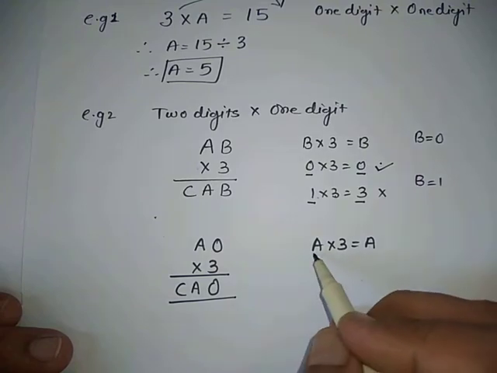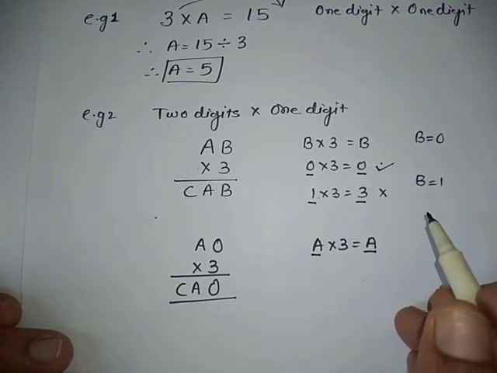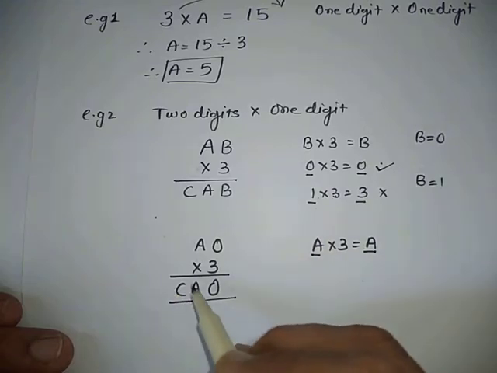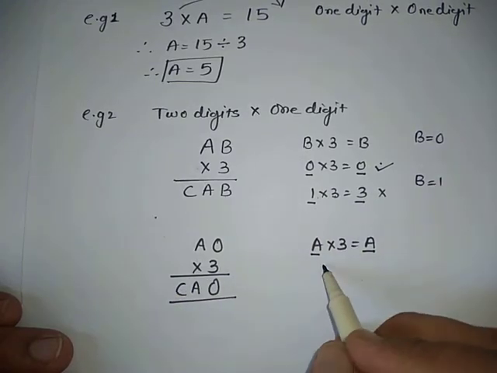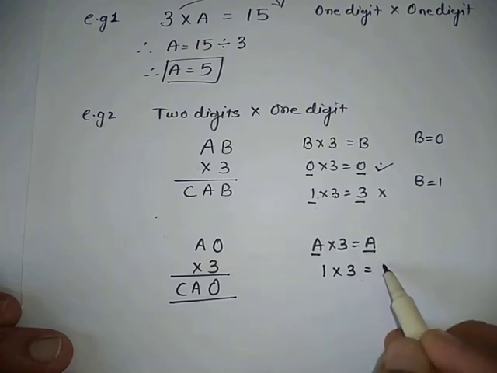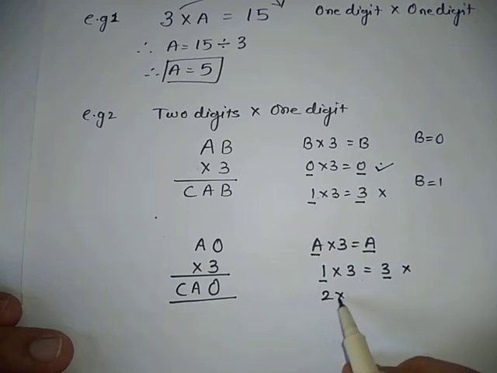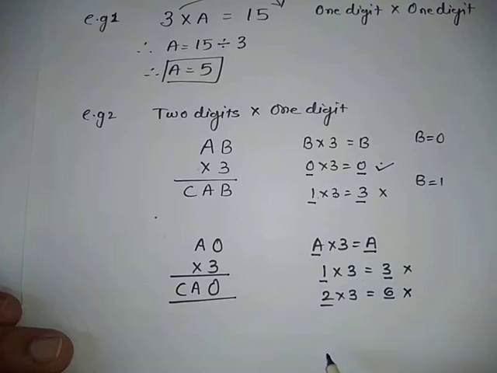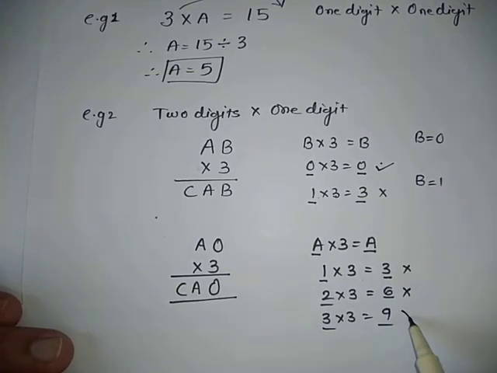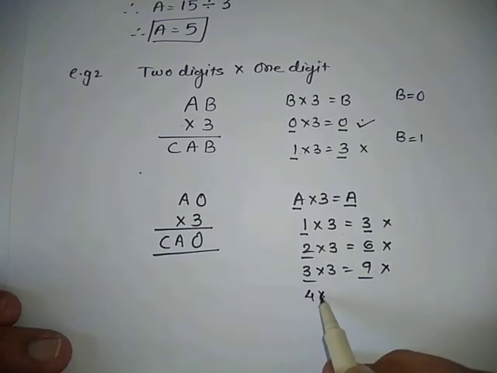Okay, so the value of a must be such a number that we will get the product as a 2-digit number. So if I multiply, suppose we start with 1, 3 1s are 3, so not the same. Then 2, 2 3s are 6, again not the same. Then 3 3s are 9, again not the same. Clear? Then 4 3s are 12.